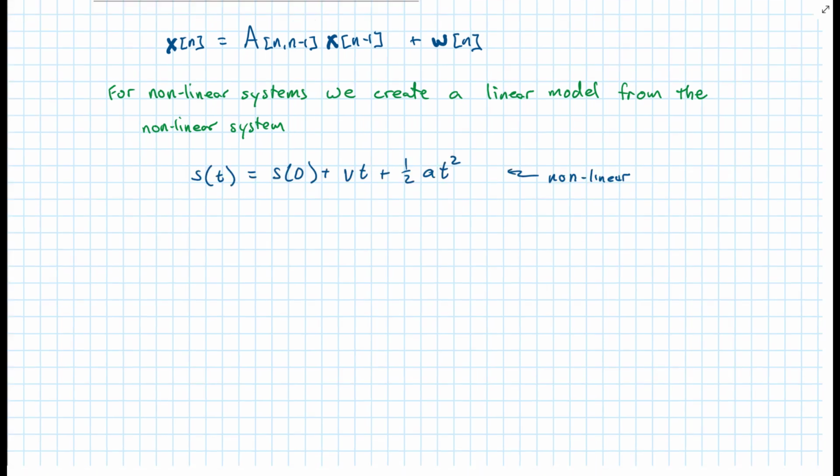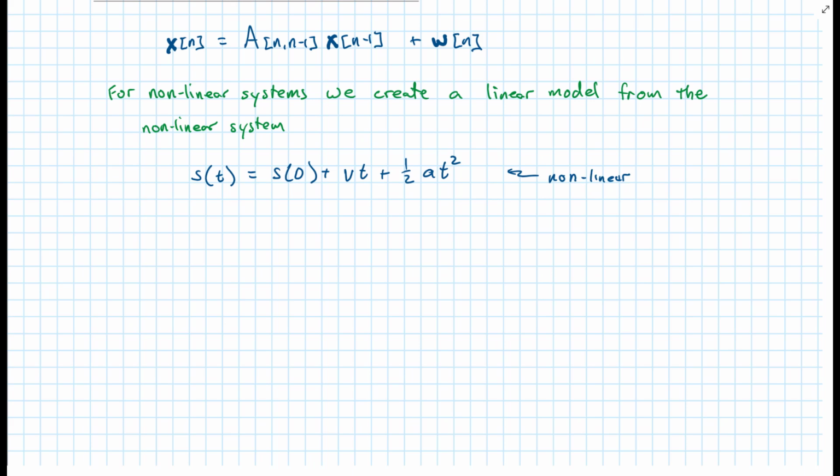In this case, the position at time t is equal to the starting position plus the velocity times time plus 1/2 acceleration times time squared. And you could, of course, extend this to multiple dimensions. So this is nonlinear in time. How do we deal with that?